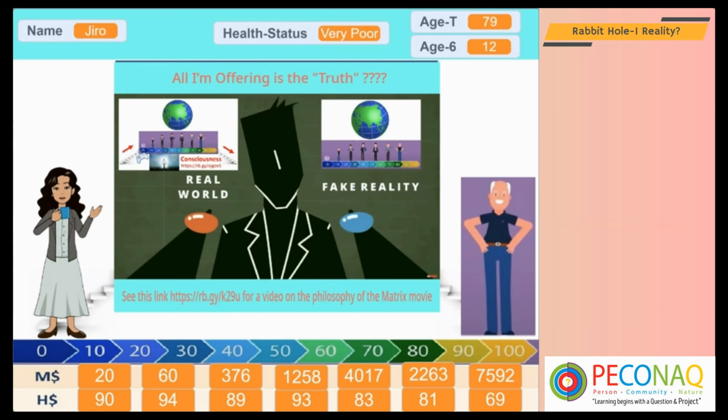In the Matrix movie, the protagonist, Neo, has to make a choice, like you just did, to enter this rabbit hole. So Neo gets offered a choice in the form of 2 pills, a blue one and a red one. If he chooses the blue pill, he remains in his everyday life and believes whatever he wants to believe.